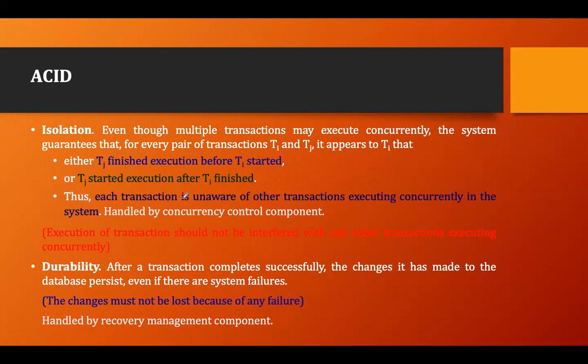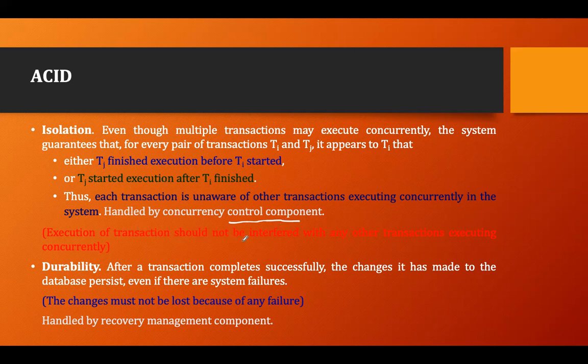Thus, each transaction is unaware of other transactions executing concurrently in the system. This will be handled by the concurrency control component that we'll see after the transaction concept is over. We'll talk about how it works and how isolation is maintained between two transactions.